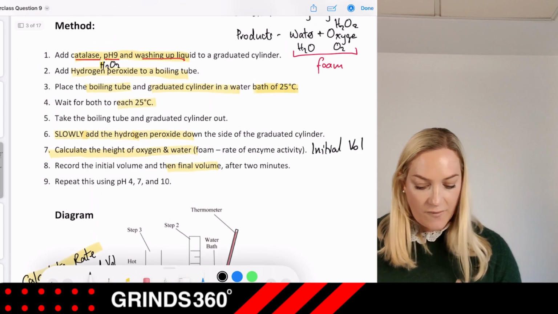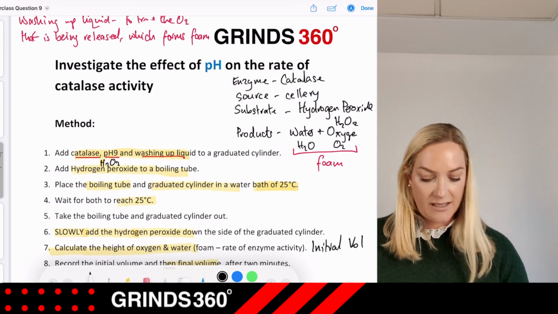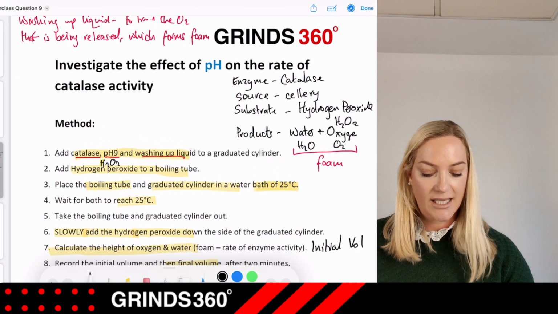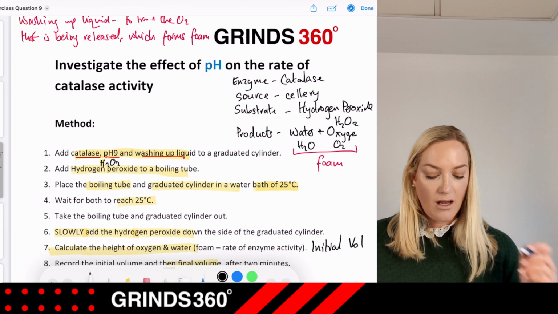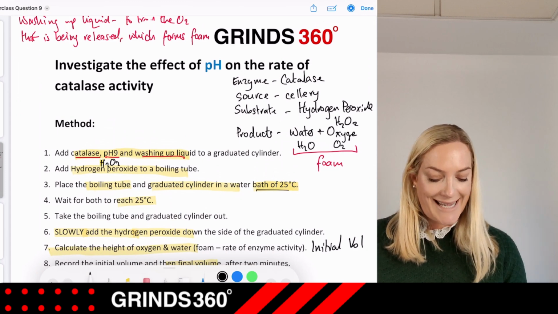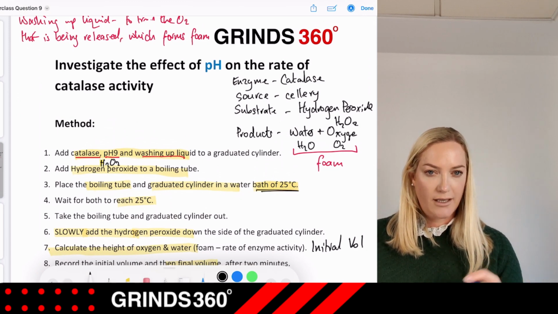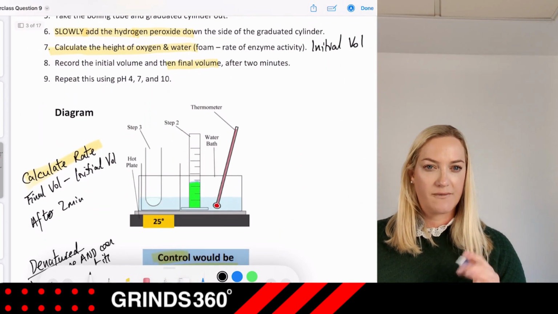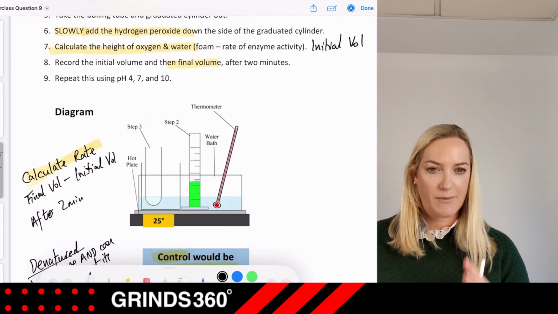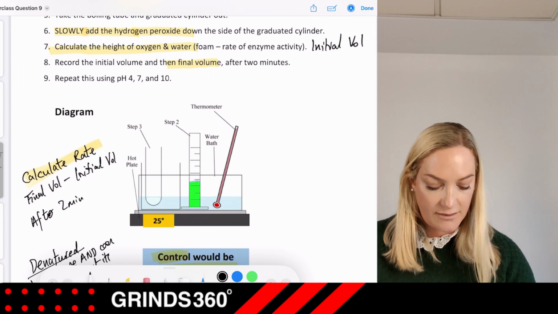Okay, now a few things with this. We've said our enzyme is catalase, the source of the catalase is celery, our substrate is hydrogen peroxide, and our products are water and oxygen visible as foam. Our water bath. How do we maintain the temperature of the water bath? So temperature here is a factor. There are factors in enzyme experiments that are kept constant.